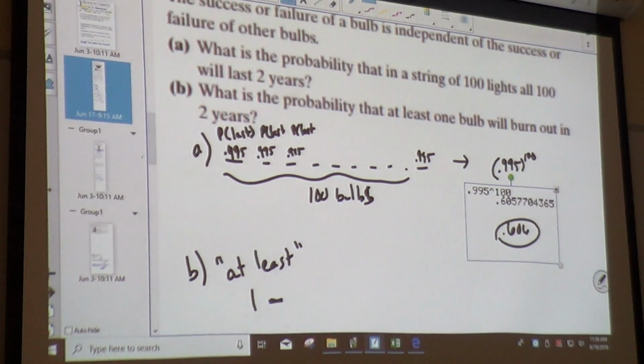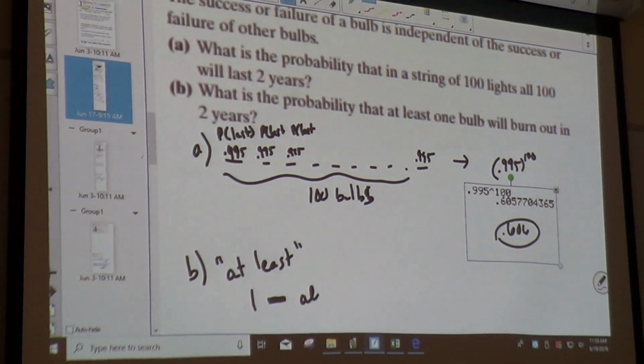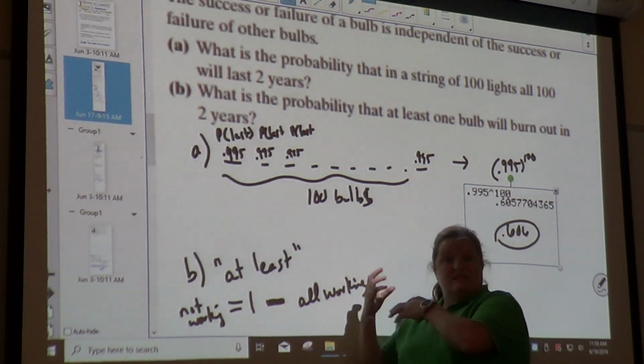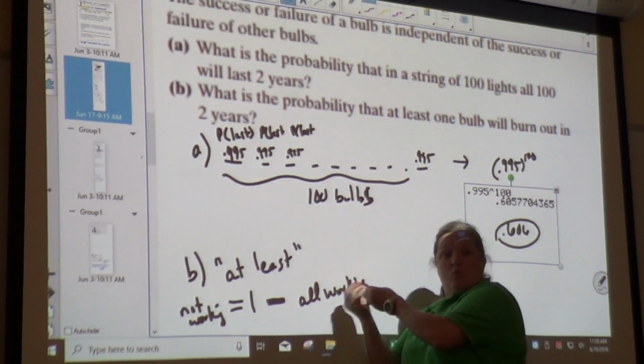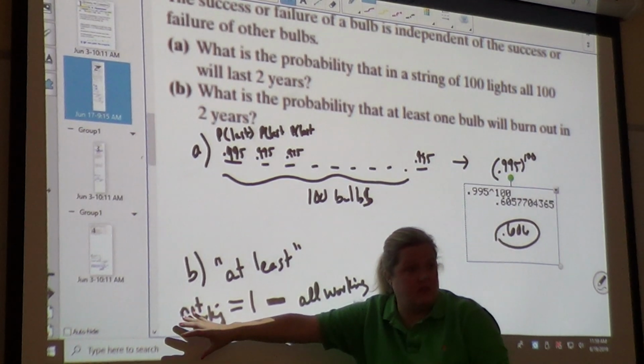So if I take out all of them working, then what's left is everything that I want. It's the complement. Like if I take out all the pregnant people, then what's left is all the not pregnant people. So if I take out all the ones that are working, then what's left are the ones that are not working.